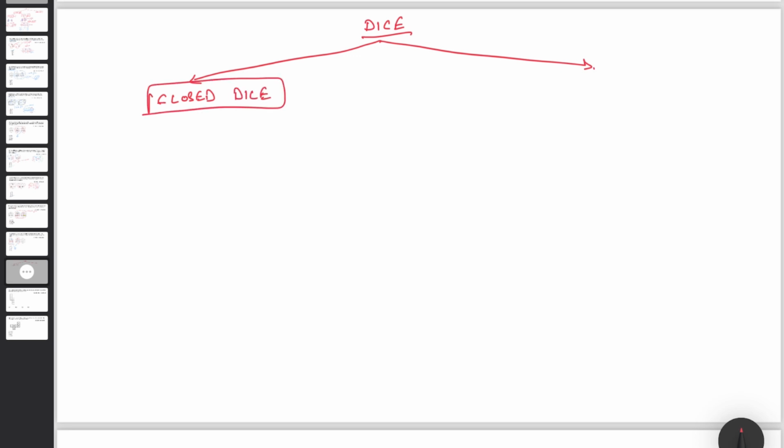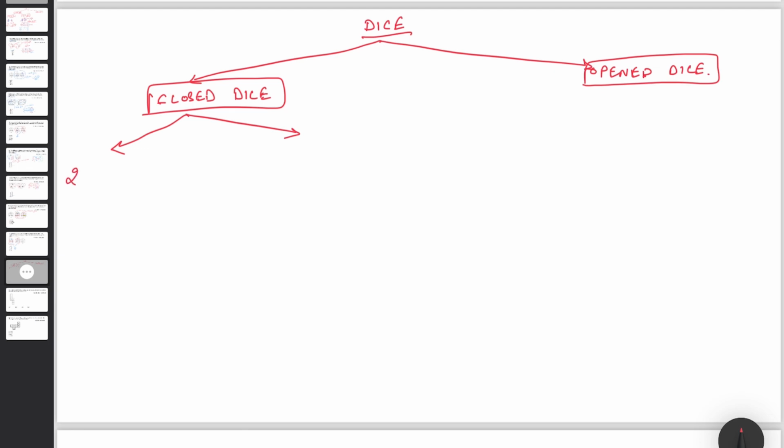Okay, we have done the closed dice. Let me just revise it. Dice. The first one is closed dice, and the second one is open dice. We have not yet discussed this open dice. For closed dice, there are 2 types.